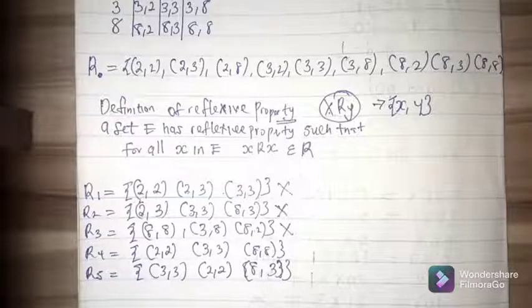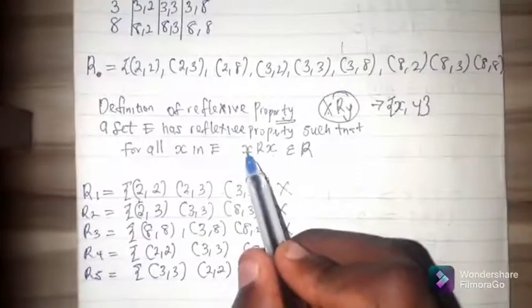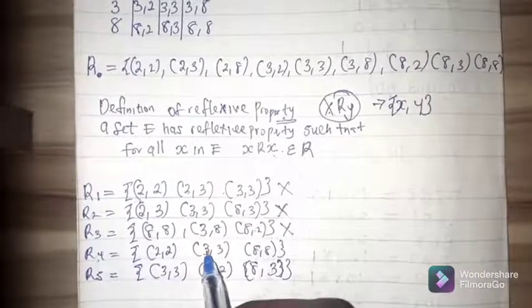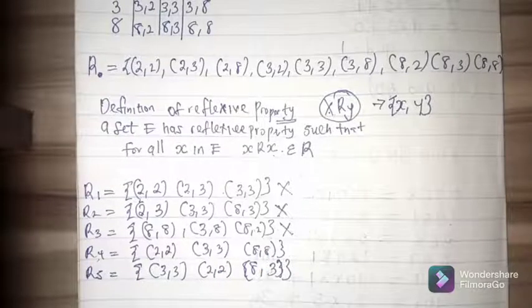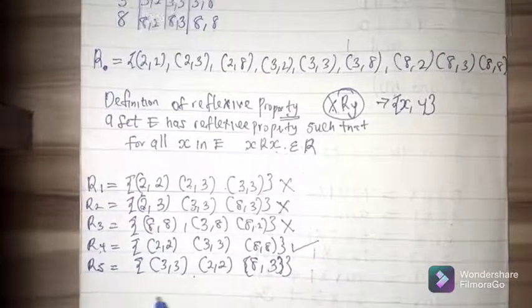For all x that is in E, and the x are 2, 3, 8, it must be related to itself. Now let's take this R4: 2,2; 3,3; 8,8. You notice that each element is related to itself, so this one is reflexive, and obviously this R5 is not reflexive.